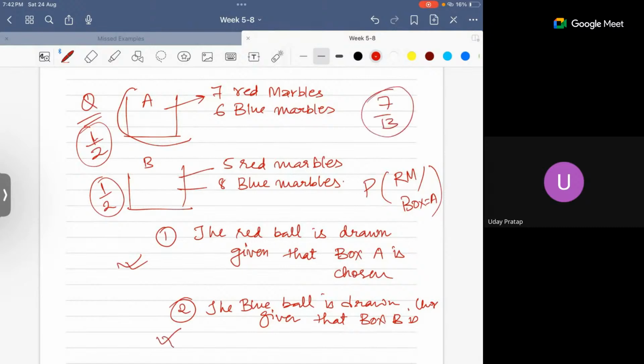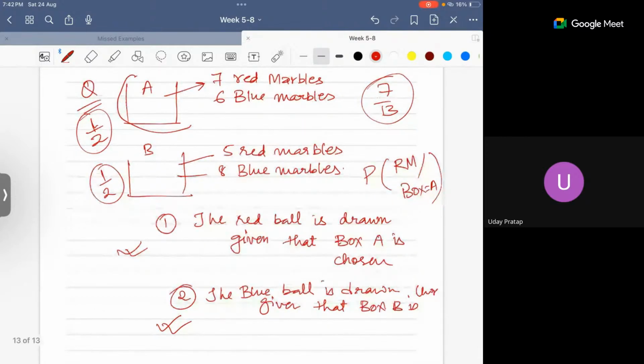For the second case, we have already been given that we have chosen box B, so we will have 5 upon 13. Is this clear to everyone? For the blue ball it is 8 upon 13, blue marble.